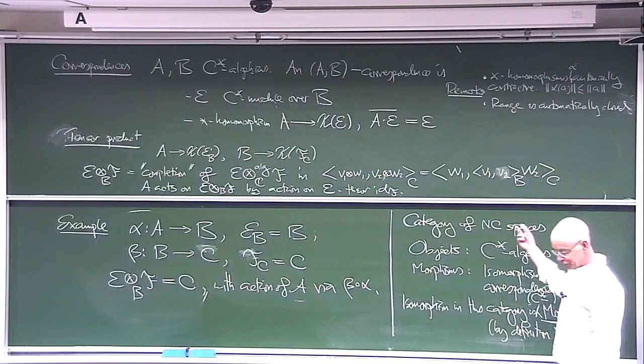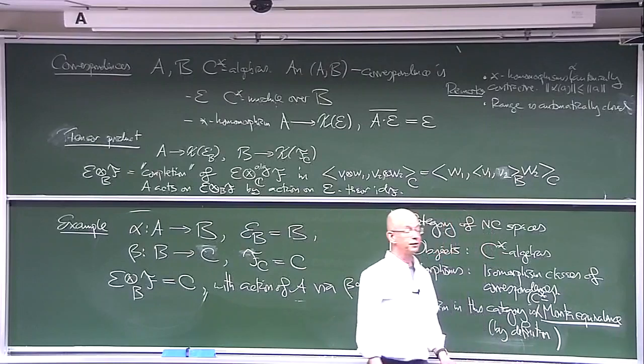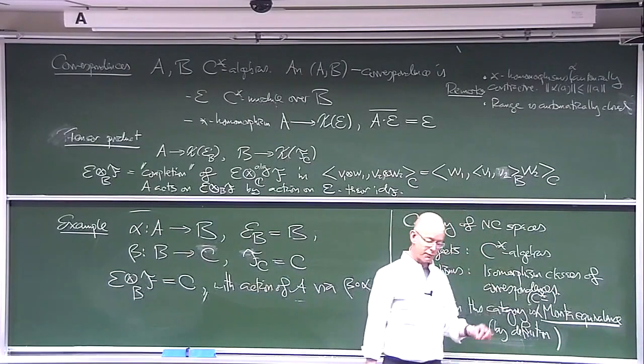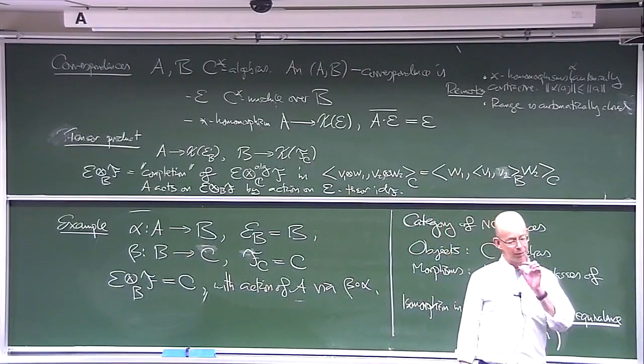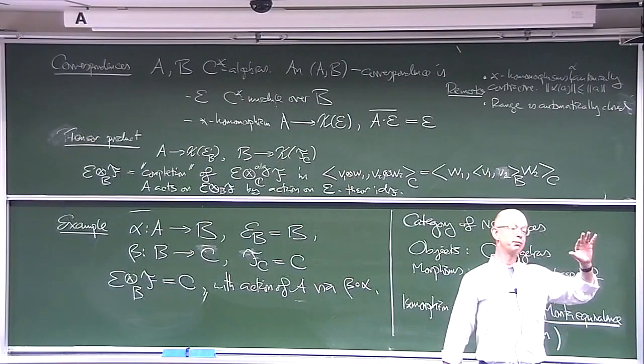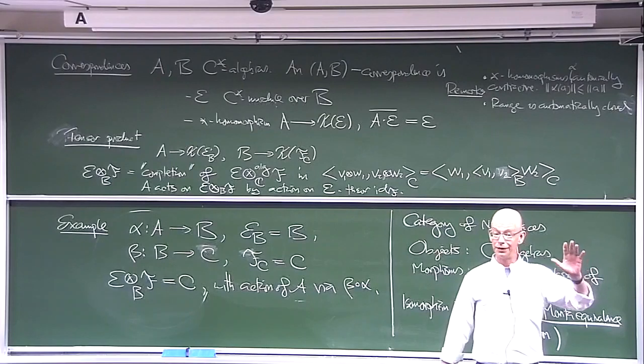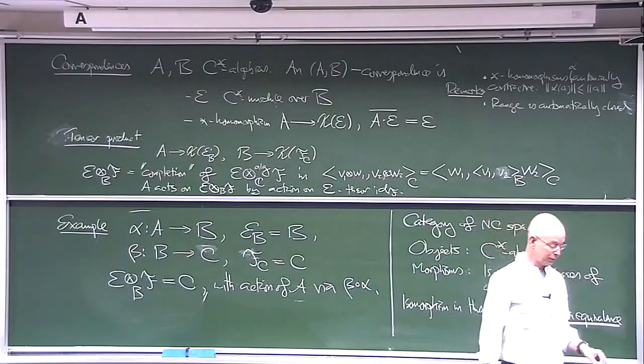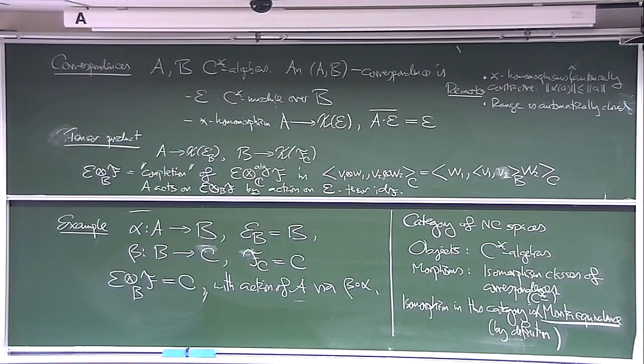But in this world of correspondences, it's not a continuous map from x to y anymore. A point of x is mapped not to a single point of y, but some finite number of distinct points in y, each of them attached to a vector space. And so the maps are rather interesting. They're maps from x into the so-called space of configurations of vector spaces on y. Very interesting what's going on.